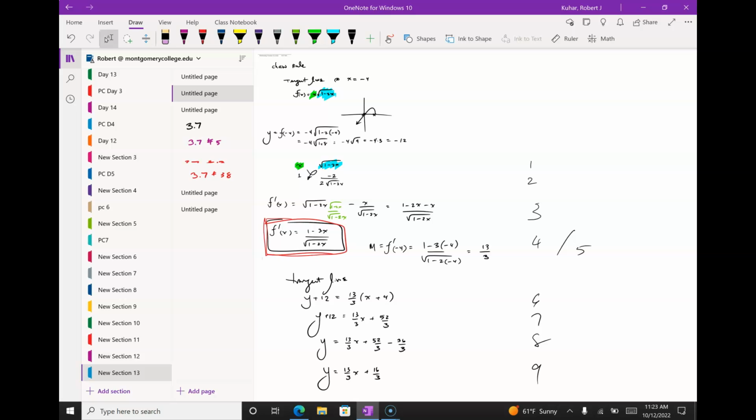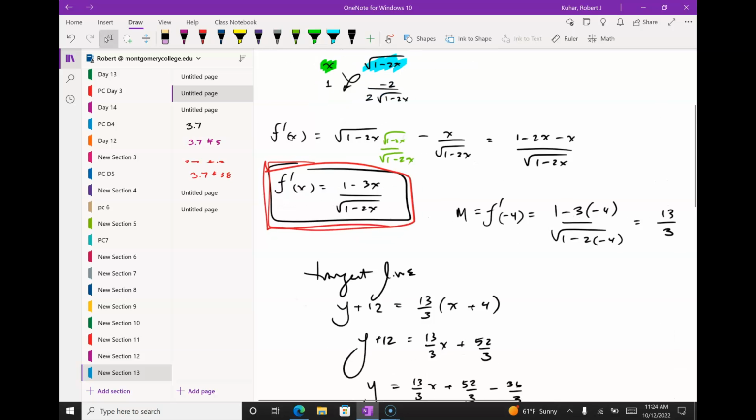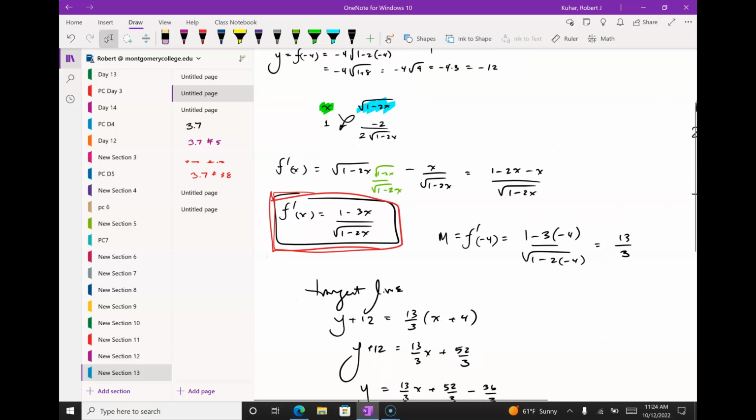How we do? We get there? Yes? No? Did you do it on Desmos? Checking on Desmos? Did you get the derivative? Nice.